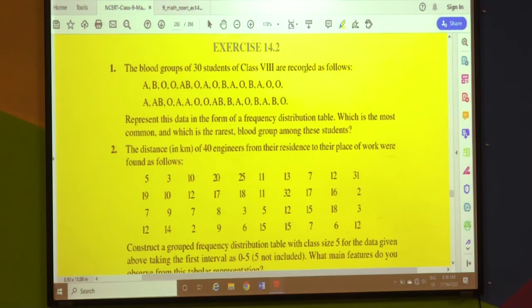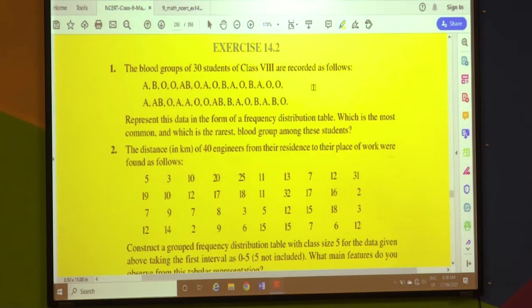Today, it is exercise that we are going to see. What exactly are the things? The first question is, the blood groups of 30 students of class 8 are recorded as follows.